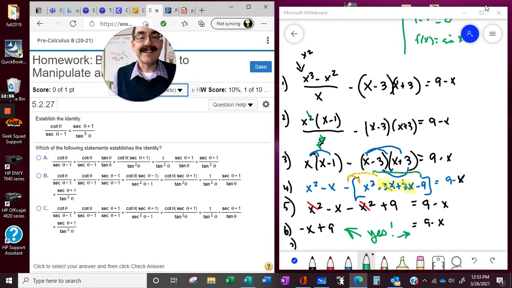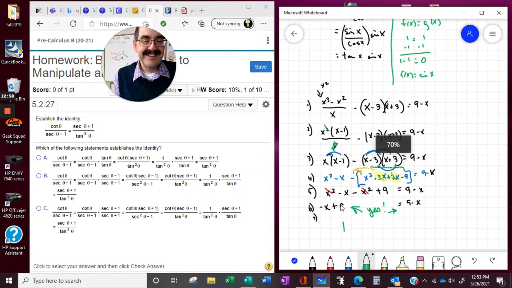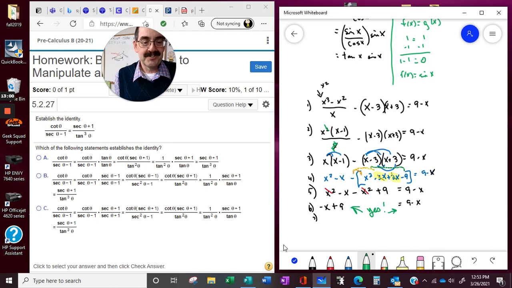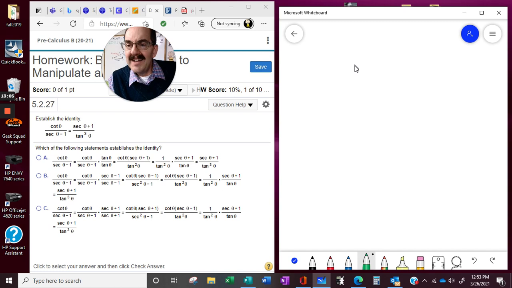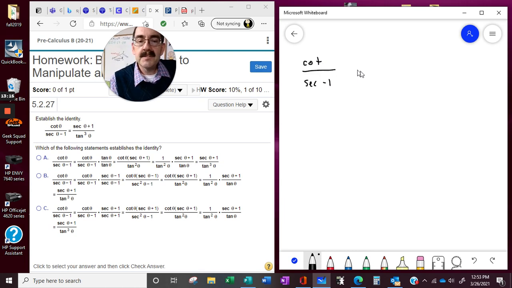Okay, let's take a moment here. Sheesh. Establish the identity. Gulp. Cotangent times secant minus 1 over secant plus 1 equals tan cubed. Cotangent, no idea. So cosine over sine.